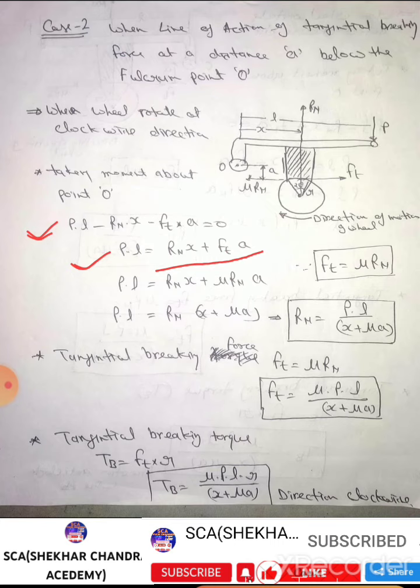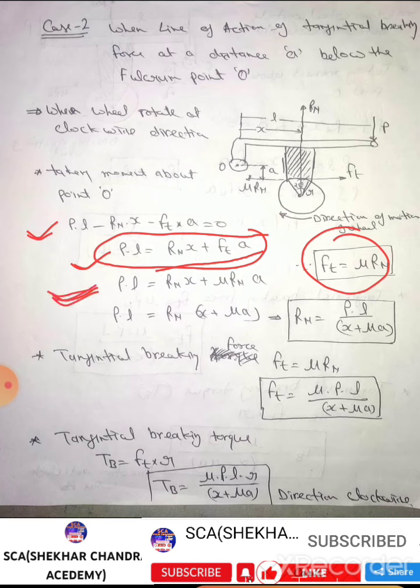Now putting the value of Ft in this equation, we obtain PL equal to Rn into x plus mu Rn into a.